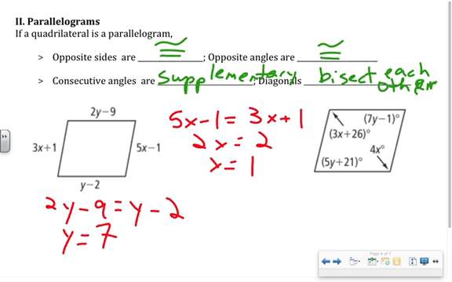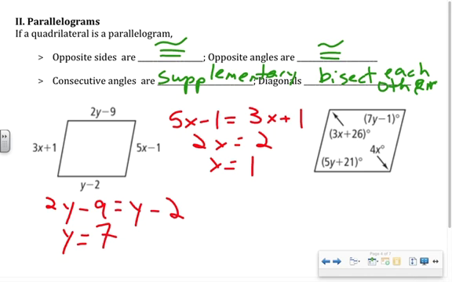So that works out nicely. But just for kicks and giggles, suppose that this was an x angle and this was a y angle, and this was an x angle and this was a y angle. You probably wouldn't want to set up an equation with x's and y's in it unless you absolutely have to.